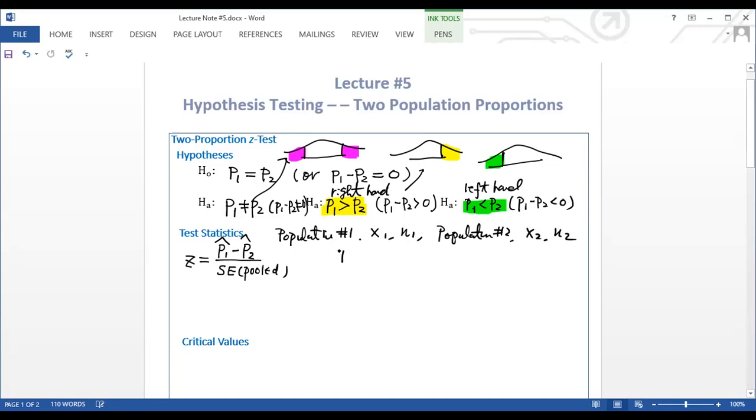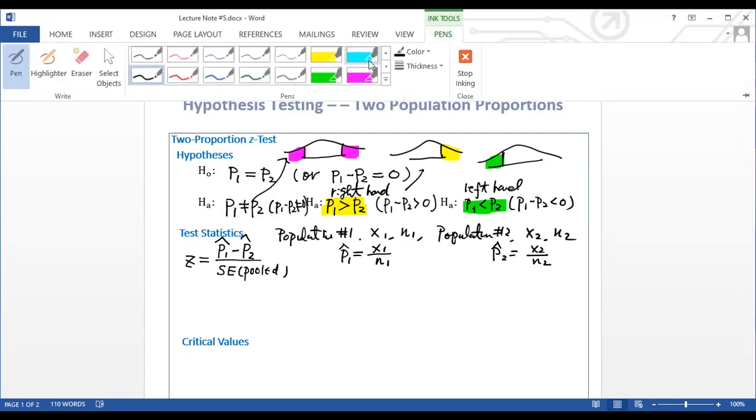Remember that P1 hat is just X1 over N1, and P2 hat is X2 over N2, right? Sometimes in the problem, they will give you the P1 hat and the P2 hat, and then you can go back to find the X1 and X2 from that.